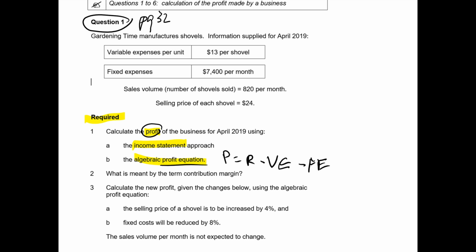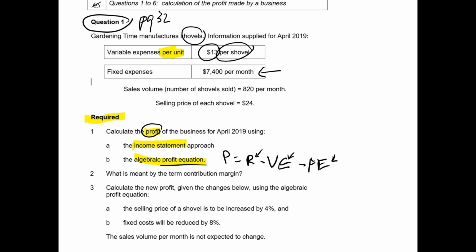You need to look for this information in your question. Gardening Time manufactures shovels, and the information supplied for April 2019 is as below. The variable expense per unit is $13 per shovel, and fixed expense is 7,400 per month.